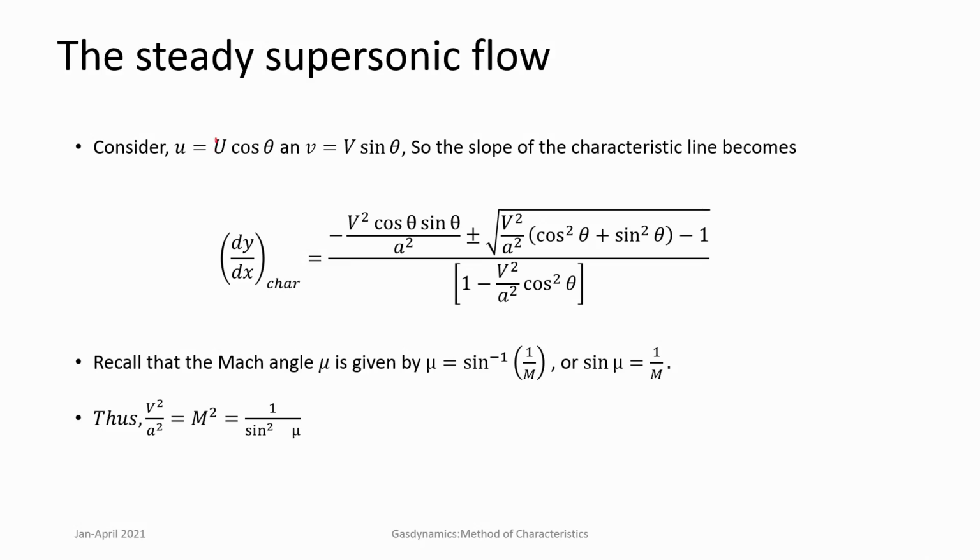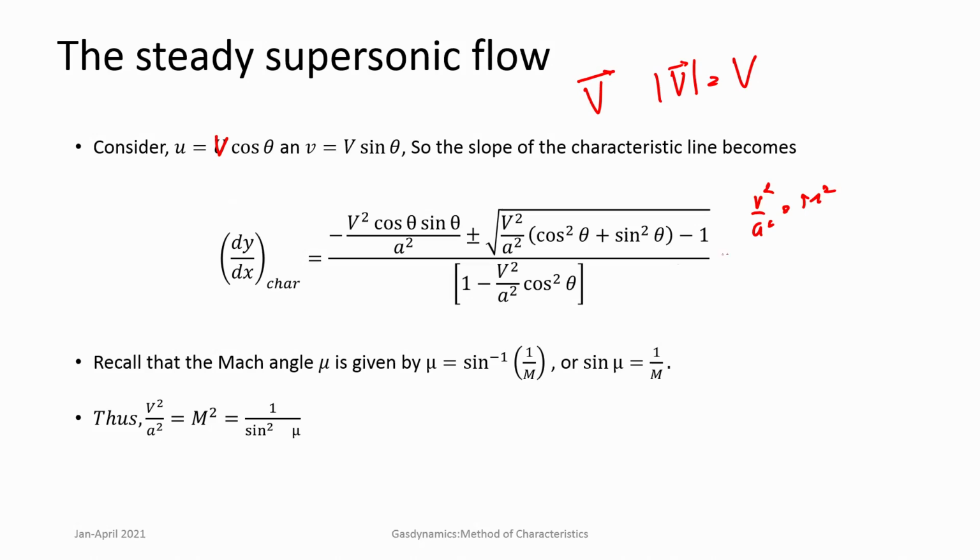Here v is the magnitude of the velocity vector, and u is v cos theta and v is v sin theta. So, we apply this, converting it into polar coordinates, and we are able to get it in terms of cos theta, sin theta and V square by a square. V square by a square is nothing but M square.